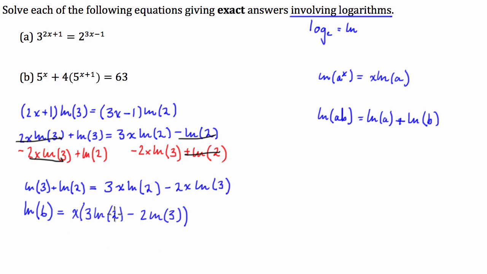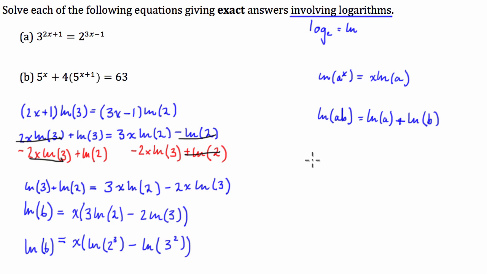Then with this side of the equation, we're going to take this log law and go backwards. So we have x ln a, but we're going to take it back to ln of a to the x. So this is going to be x outside of ln of 2 cubed minus ln of 3 squared, and that's equal to ln of 6.